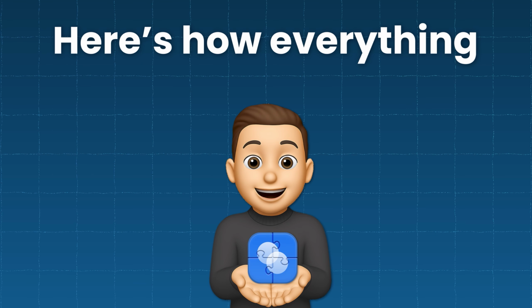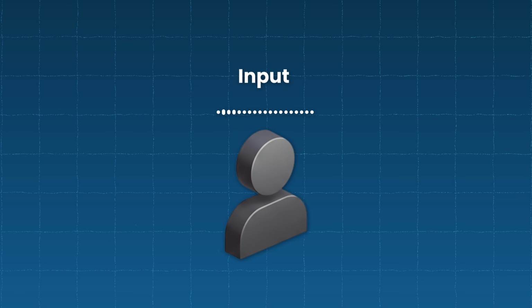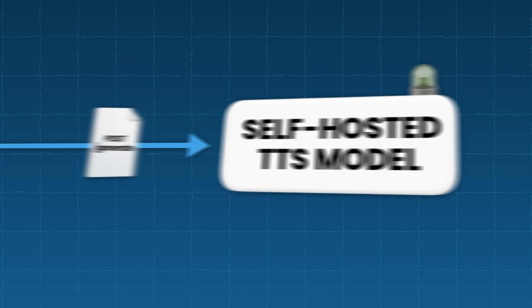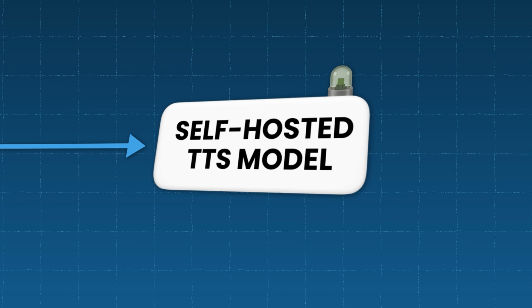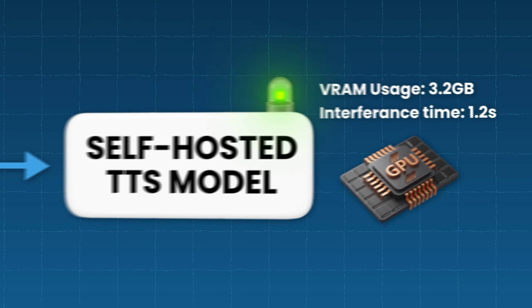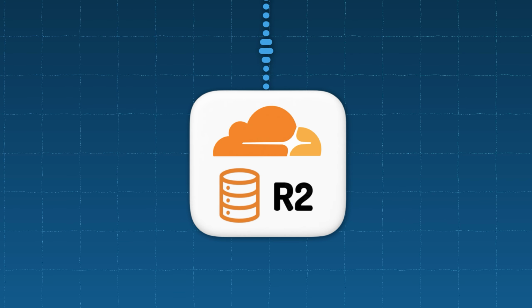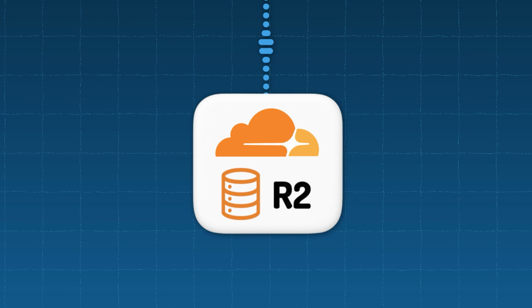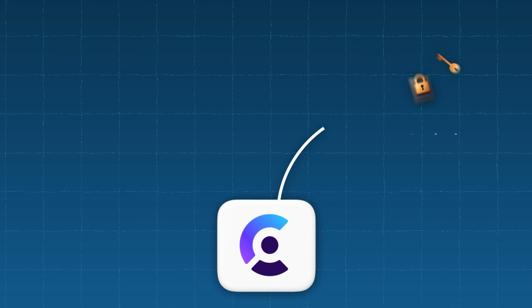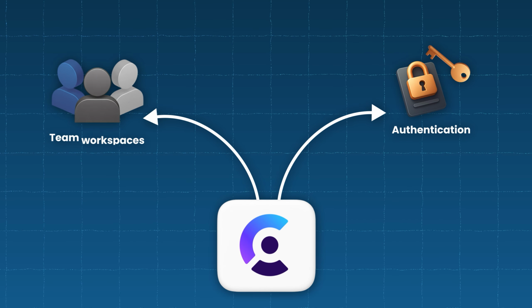Here's how everything works together. User input flows through a type-safe API layer to the Chatterbox text-to-speech model. Self-hosted, so you only pay for GPU time when someone actually generates speech. Audio is stored in Cloudflare R2 and streamed back through an optimized proxy. Clerk manages authentication and team workspaces.